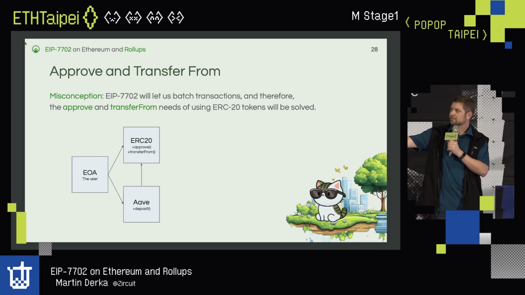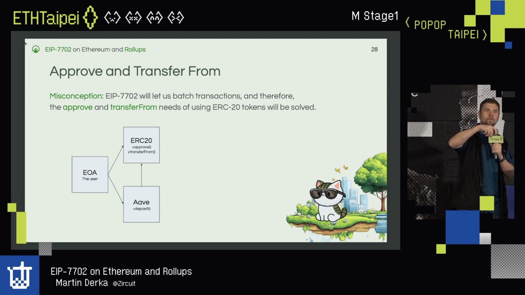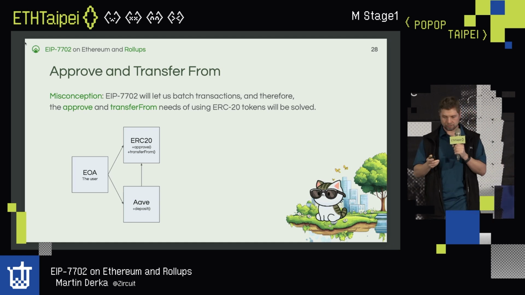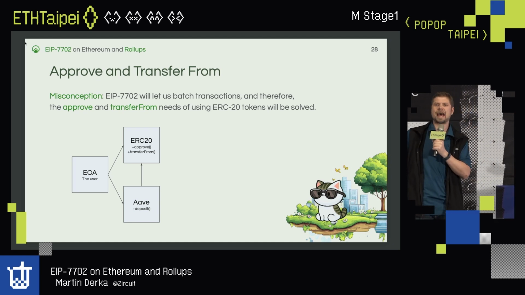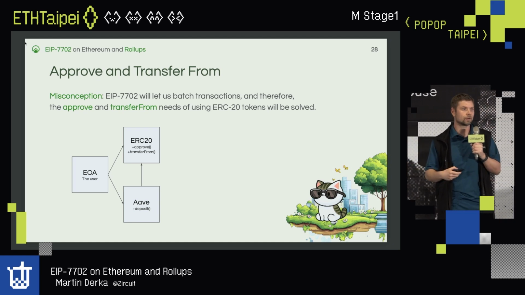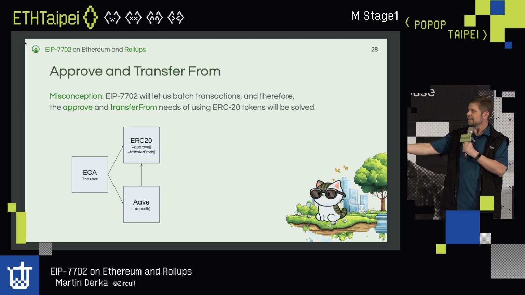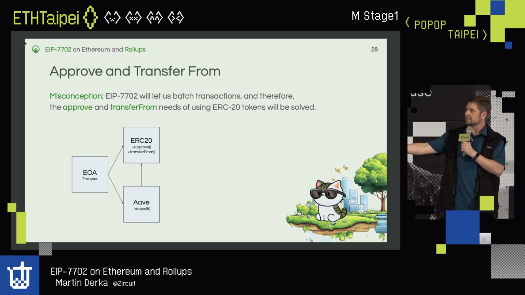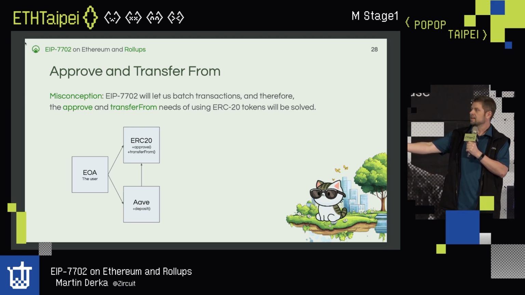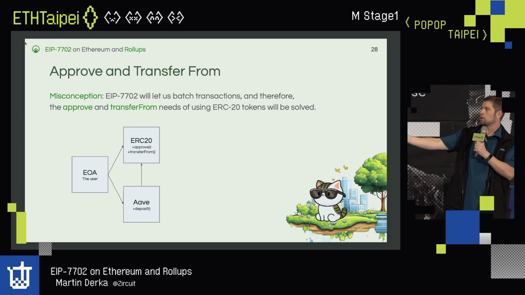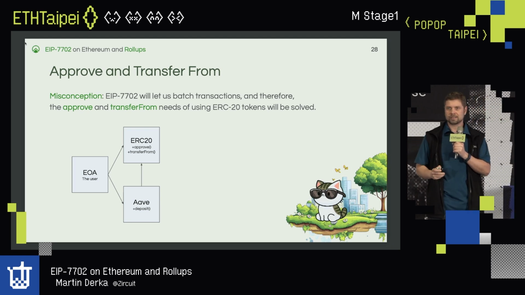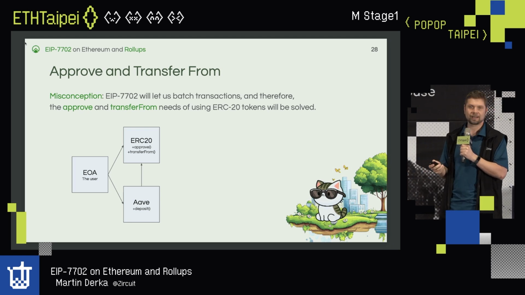Then you invoke the second transaction, and that goes somewhere else. It goes to that somebody who you want to be able to spend your tokens. So here, imagine Aave or your favorite DeFi protocol instead. You send a transaction over there saying, hey, I want to deposit some funds. So this smart contract on its own is going to reach out to this ERC20 token and call another method, right?